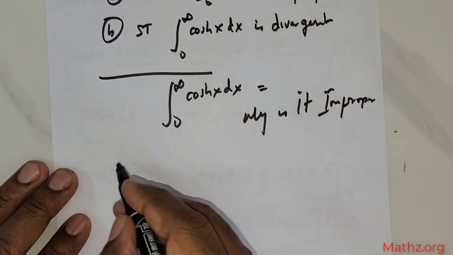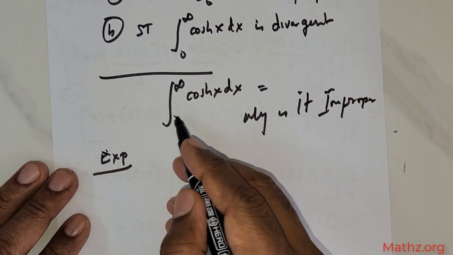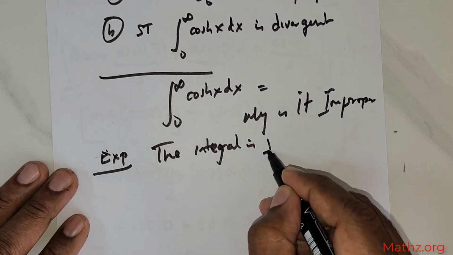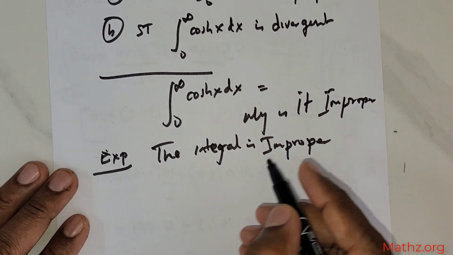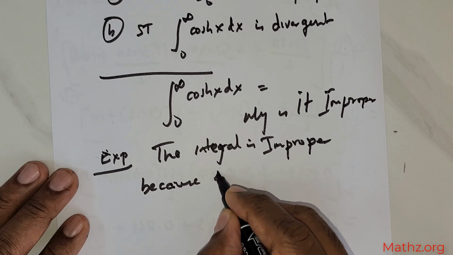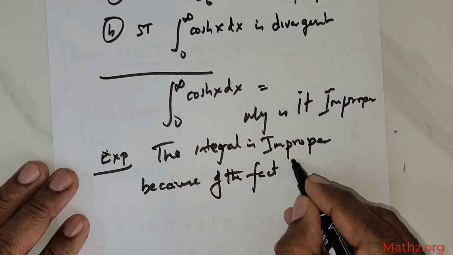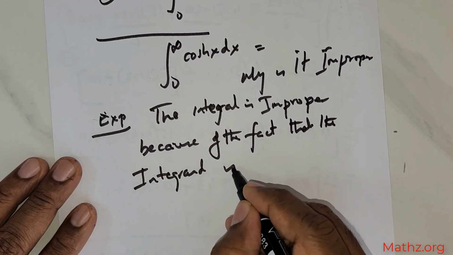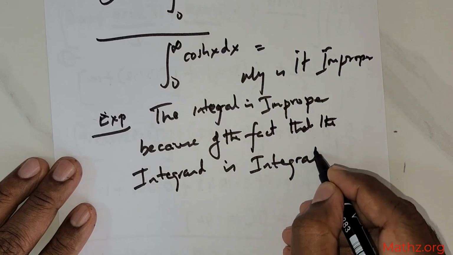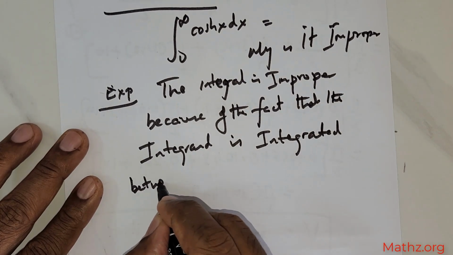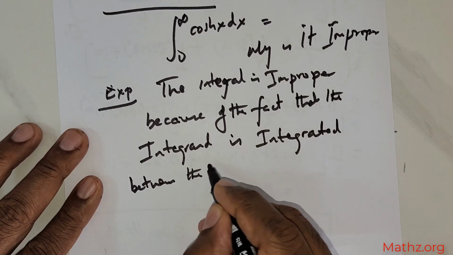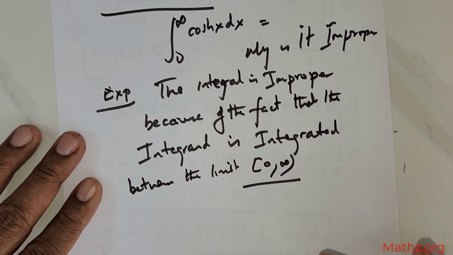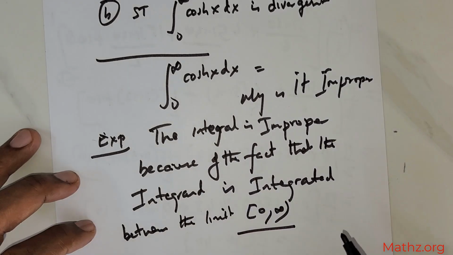The explanation is that the integral is improper because of the fact that the integrand is integrated between the limits 0 to infinity. So that is the reason this is improper.